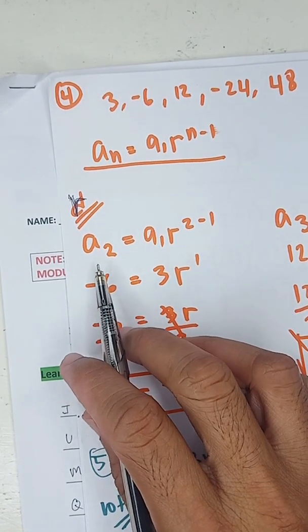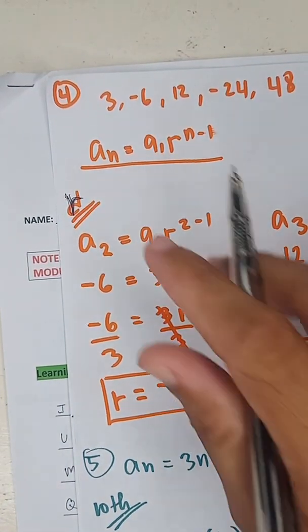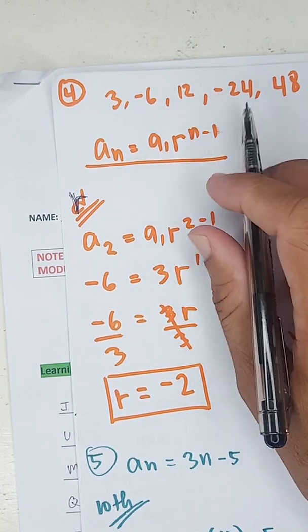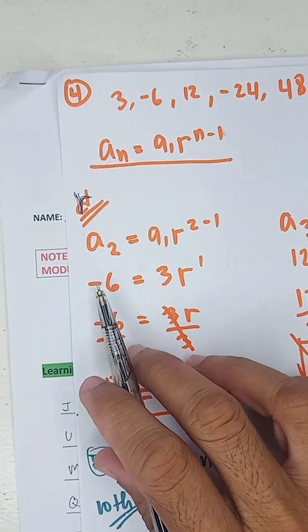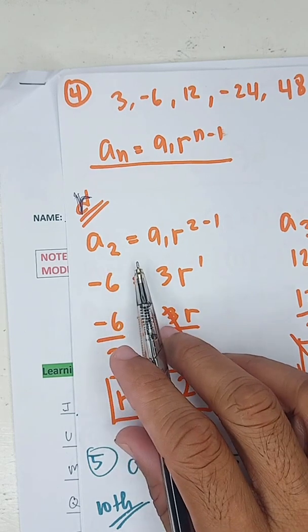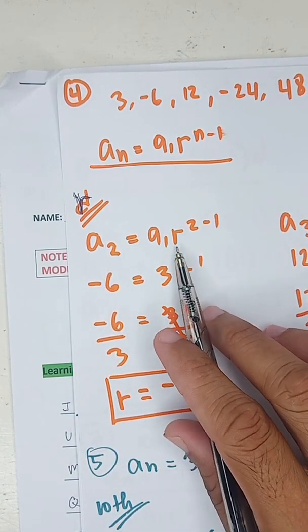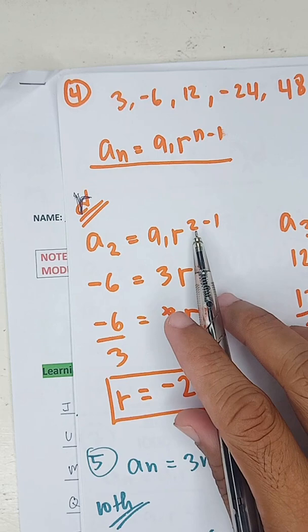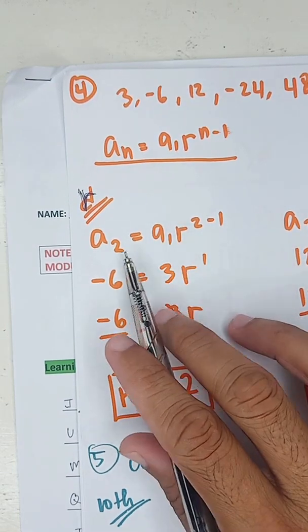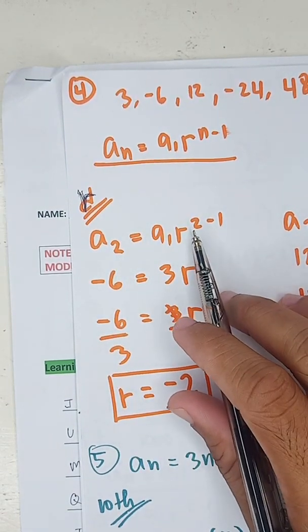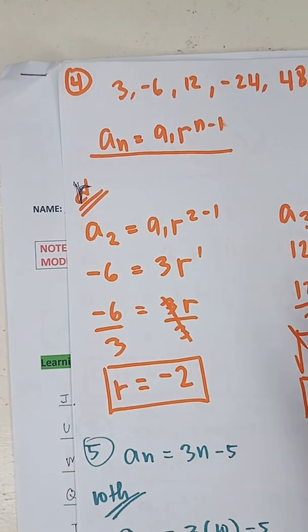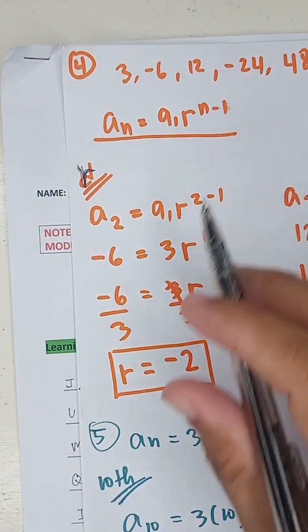So, we will use the second term. Pwede rin naman yung pangatlo, pangapat. Okay? So, a sub 2, yung pangalawang term, is equal to a sub 1 times r. So, instead of n, we write 2 since dapat parehas yung a sub n tsaka yung n sa taas ng r, minus 1. Okay? Kasi yun yung formula.